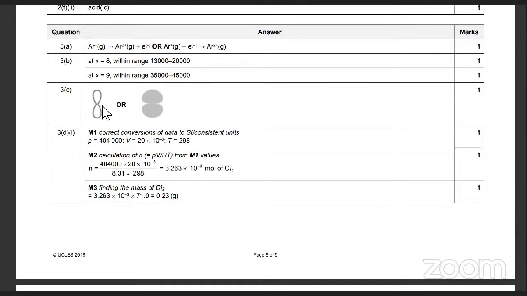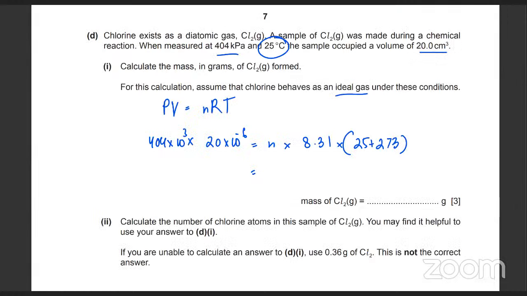I think he was looking for PZ to be very specific. But anyways, what are we getting for this? 0.00326, okay, that's what I'm getting. So you're getting 0.003263 moles.